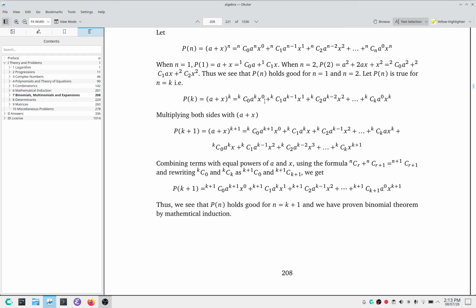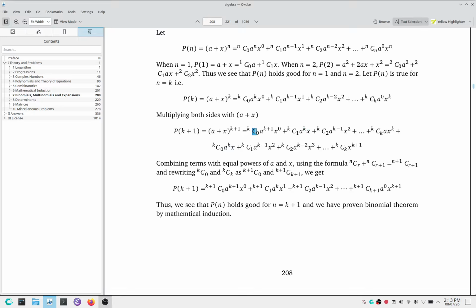So all the terms here were multiplied by a. Now we multiply by x. It becomes kC0 a raised to the power k x plus kC1 a raised to the power k minus 1 x square, and so on. Now we will take the same powers, a^k x and a^k x, and add them.